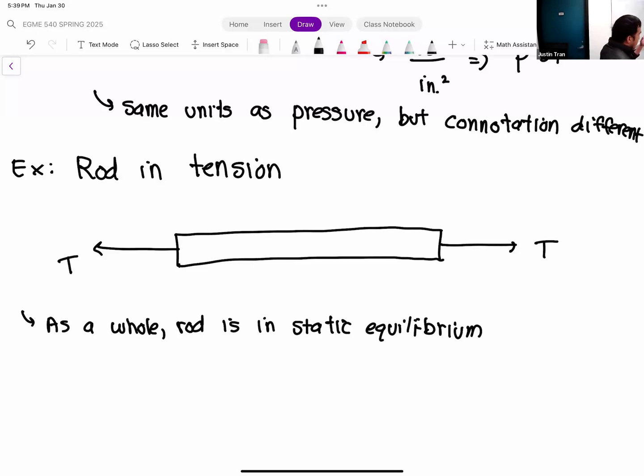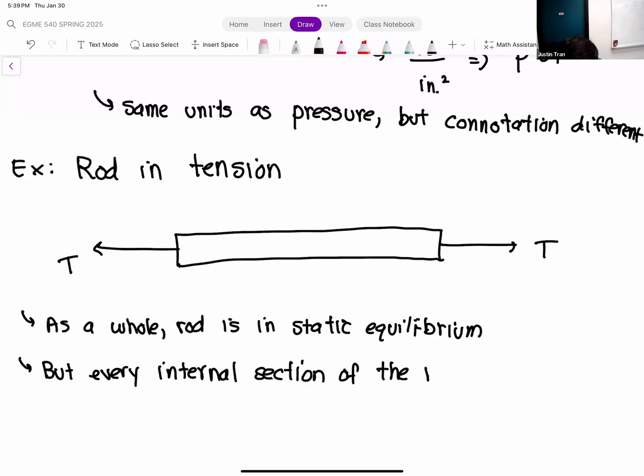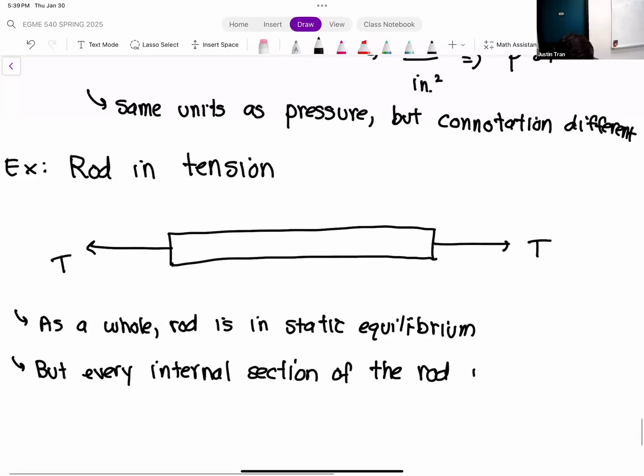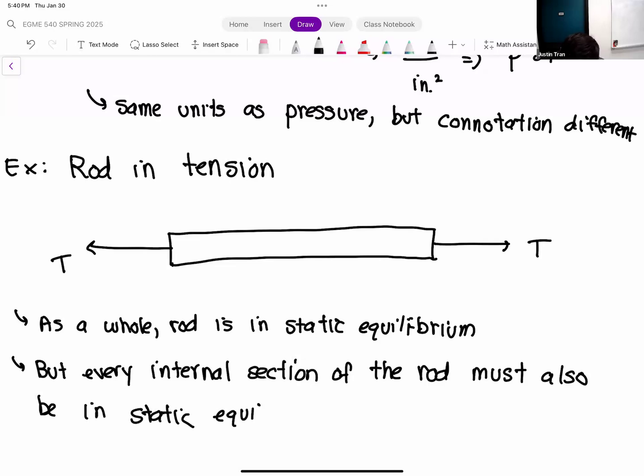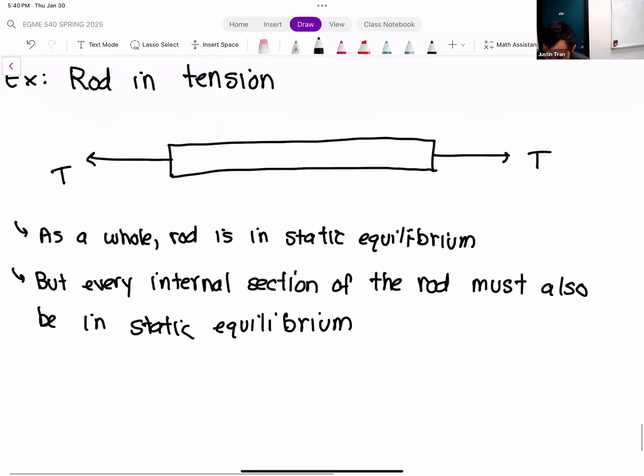But if we were to slice this rod and look at what's happening internally, every single part of this rod has to be in static equilibrium as well. So, for instance, let's take a subsystem.